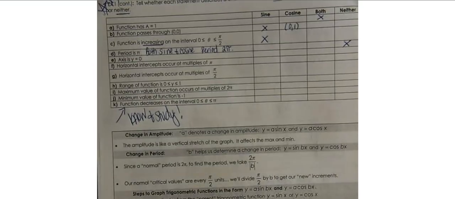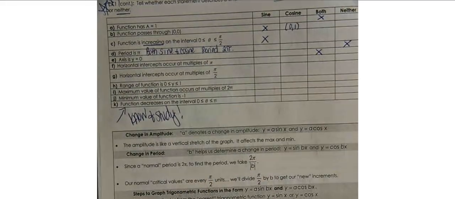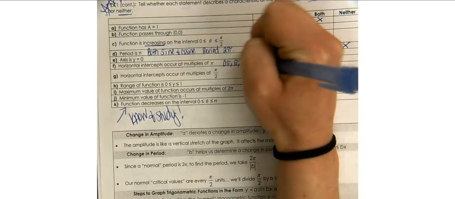The next one says it has an axis of y equals 0. Well, we just graphed that axis on both of them. So in that case, they both have an axis of y equals 0. Then the next one says the horizontal intercepts occur at multiples of pi. So that means multiples of pi are 0 pi, pi, 2 pi, 3 pi, etc. The horizontal intercepts, so that means your x-intercepts.